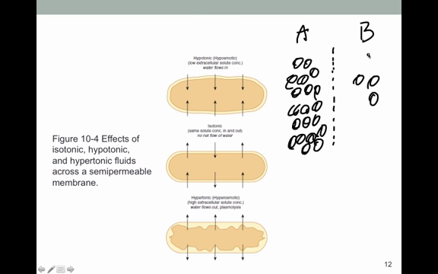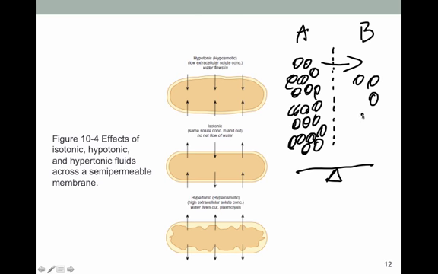And then a side B solution, which was really thin. This had a lot of water to it. Well, if we had permeability to go both directions, the solutes would diffuse and try to balance this like a teeter-totter, if you will, on both sides until all parts were equal on side A and B.